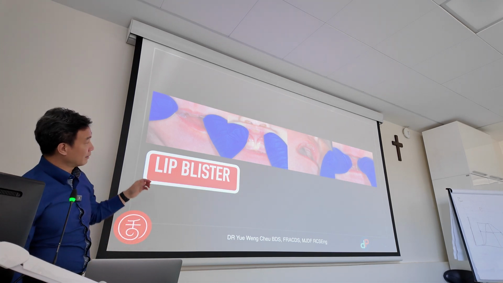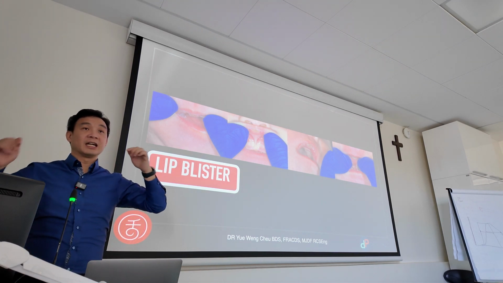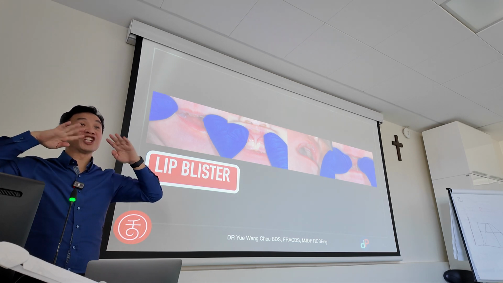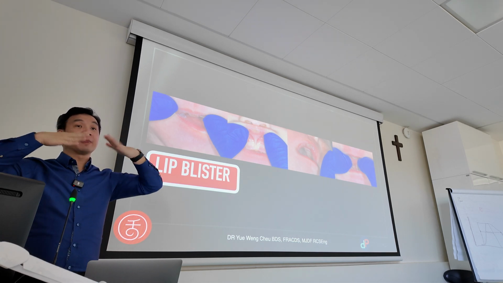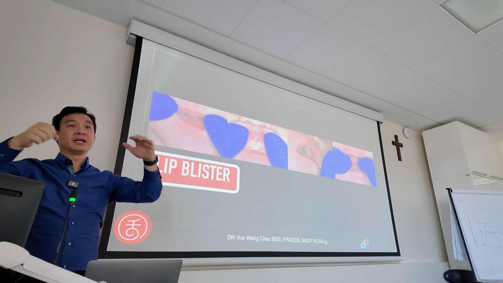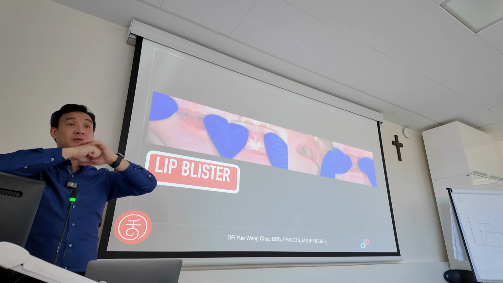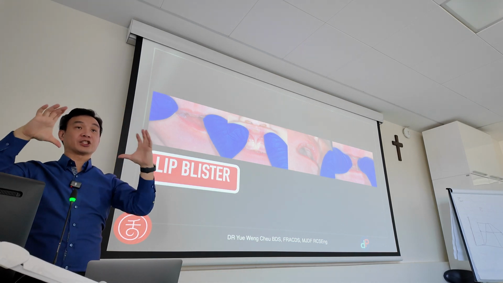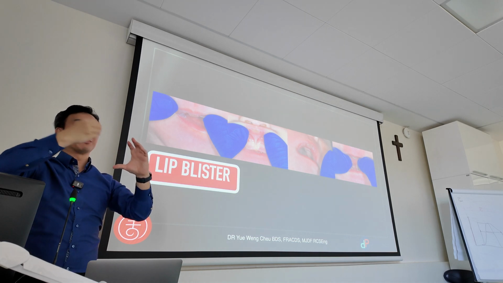And you can see sometimes this kind of lip blister. If there's also a lip tie, the baby cannot flange. They need to flange to wrap around the breast on the top in order to provide a good seal. Then when they suck, there's good suction to draw the milk out from the breast.